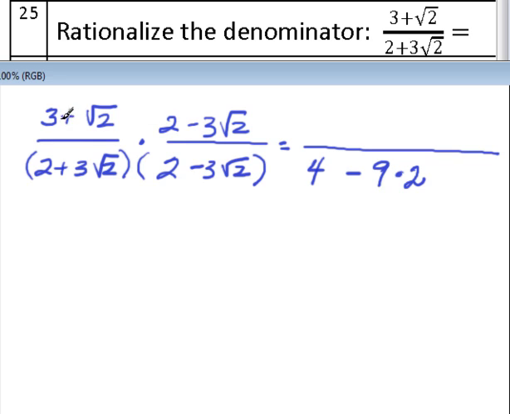All right, in the numerator, we'll do a full FOIL multiplication. So 3 times 2, that's 6. In the outer, we have minus 9 root 2. For the inner, we have 2 times root 2, that's plus 2 root 2. And for the last term, we have minus 3 times 2.